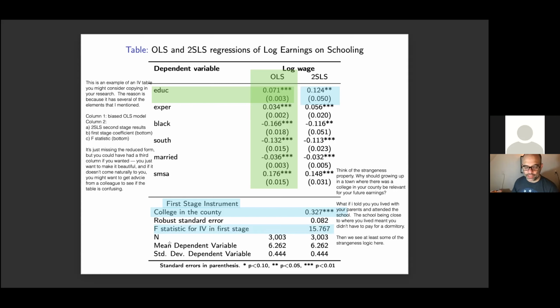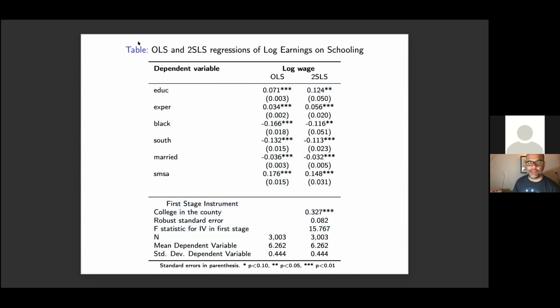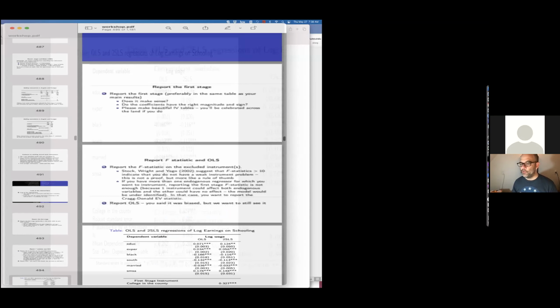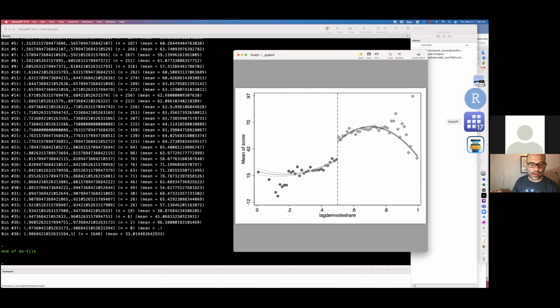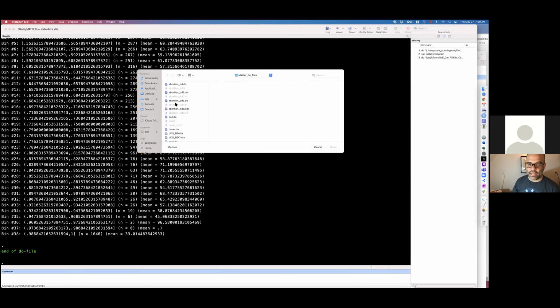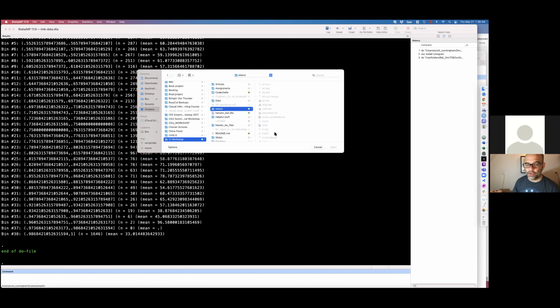And then I just put in some other stuff. Okay. So that's an example. I like this. If you go to the CI workshop and you go to stout, there is code.